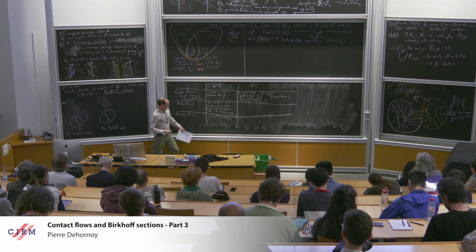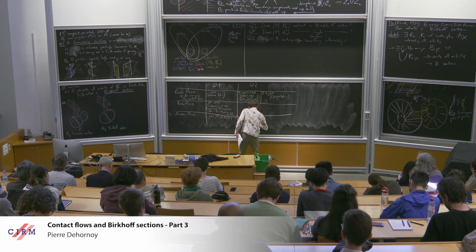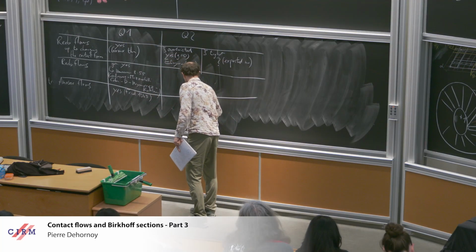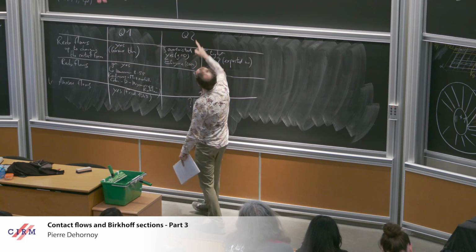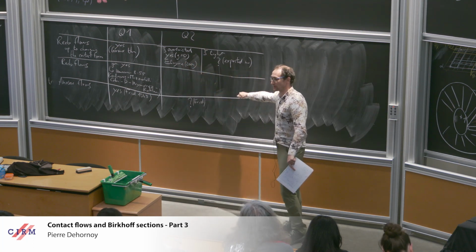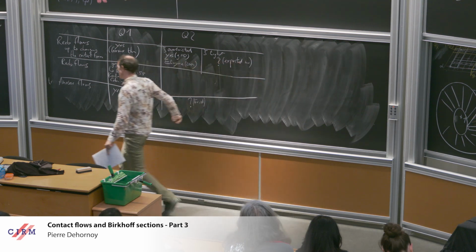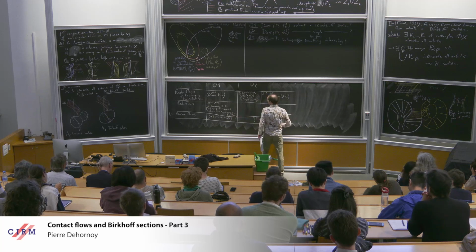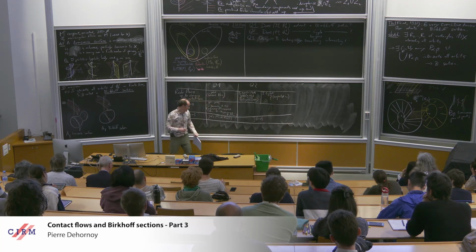And here, well, there is a question mark. It's a question that Fried is asking. It's motivated by the fact that the answer is yes for the geodesic flow, but it's still an open question. I think I can say it's my favorite open question. That's why I wrote the question in this form.